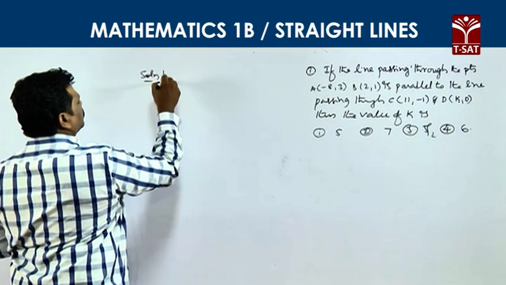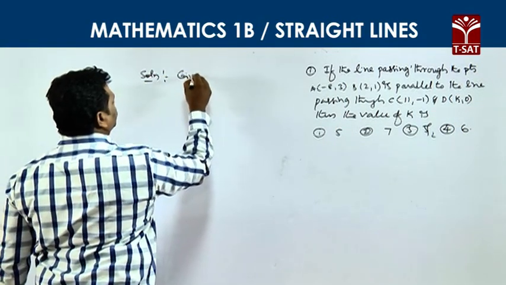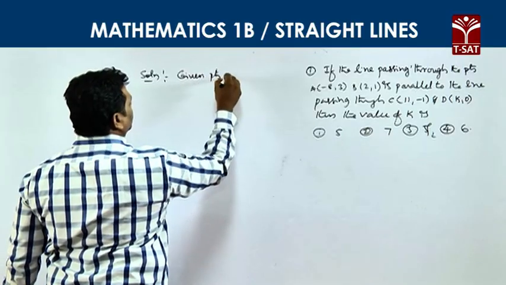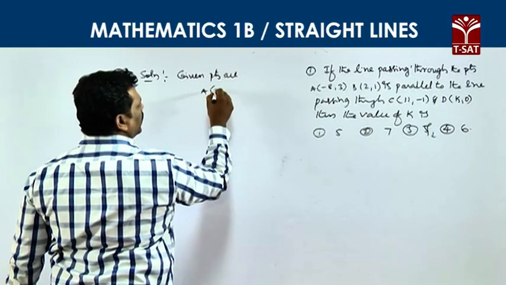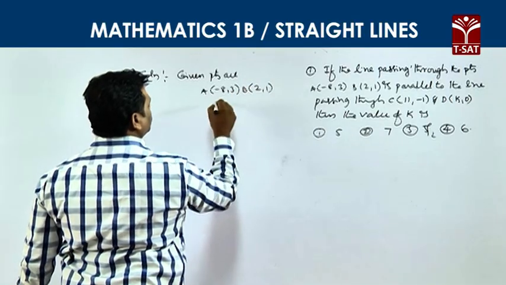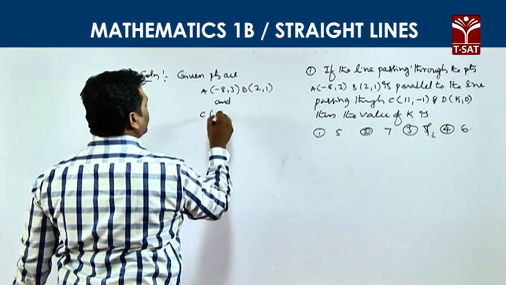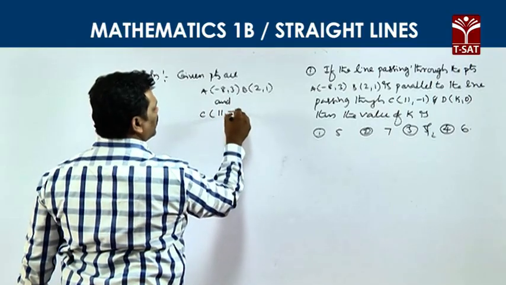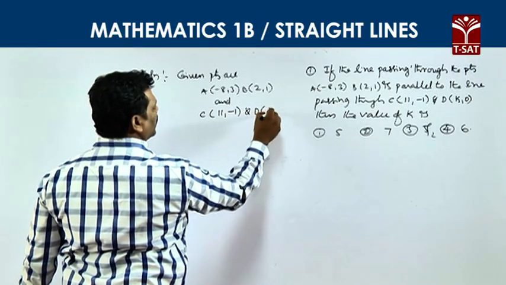So here, solution: given points are A(-8, 3), B(2, 1) and C(11, -1) and D(k, 0).